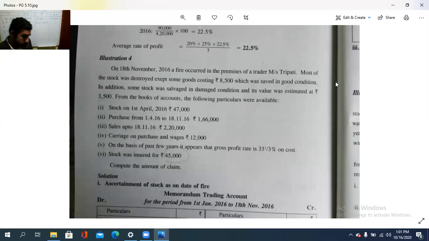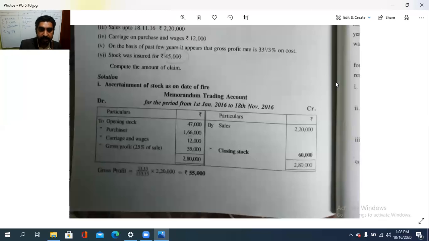So 33.33 divided by 133.33 into 2,20,000 is 54,995.87, approximately 55,000. So gross profit is 33.33 divided by 133.33, because it is on cost price. That is to be there in the question: 33 and 1 by 3% on cost. So it is 55,000.